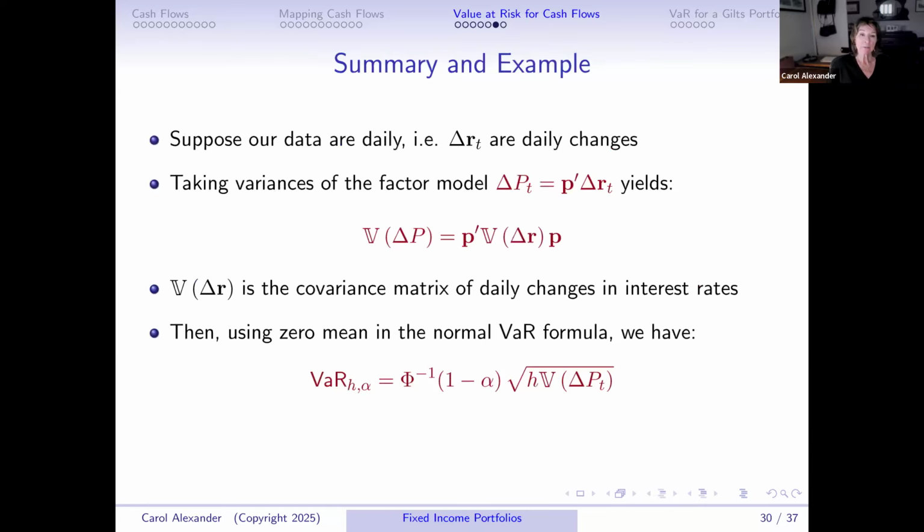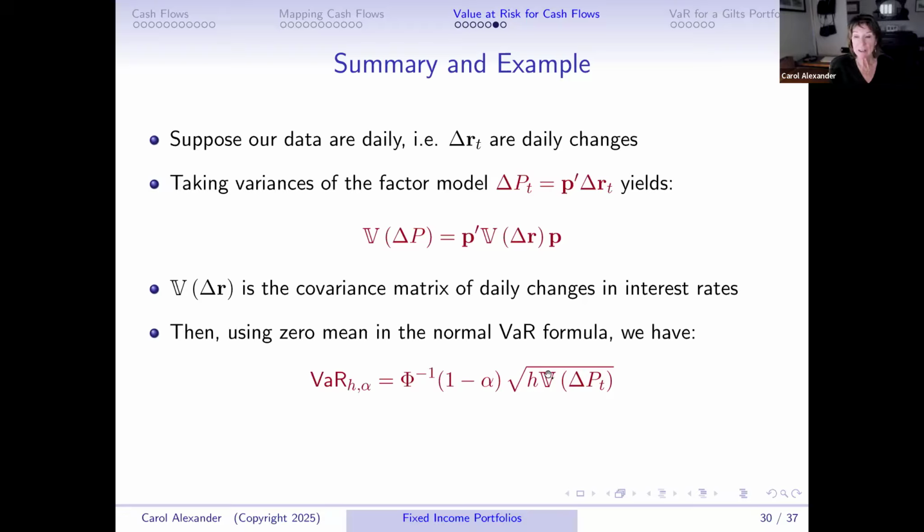So to summarize, suppose our data are daily, for example, daily changes. We take variances of our factor model, which gives us this equation in red here. V delta R is the covariance matrix of daily changes in interest rates. Then using zero mean in the normal VAR formula, and the square root of time rule, because it's daily, we would scale up with the square root of H, and we need to multiply by the volatility.